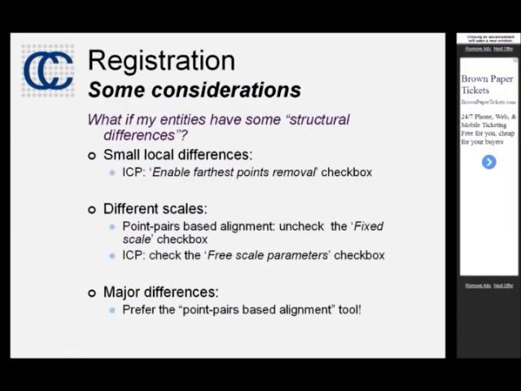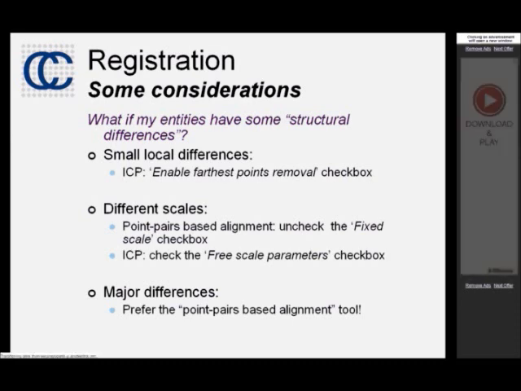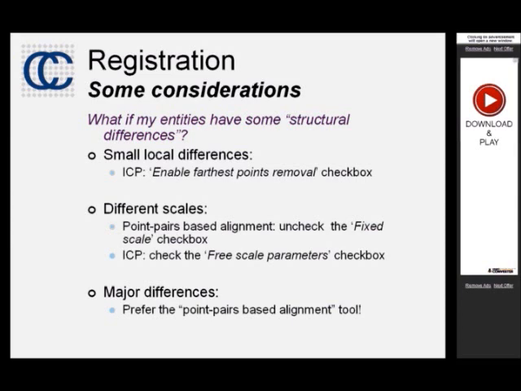And indeed, this is what this slide is about. What can I do if my entities have structural differences? As I just said, if it is small local differences, you'll only have issues with ICP. But we have a solution. I'll speak of it during my real-time demo, I think.